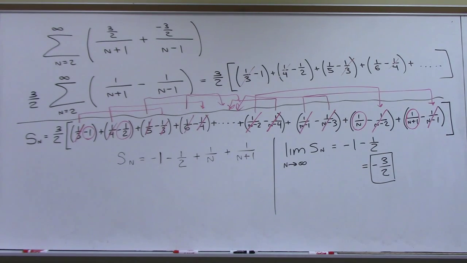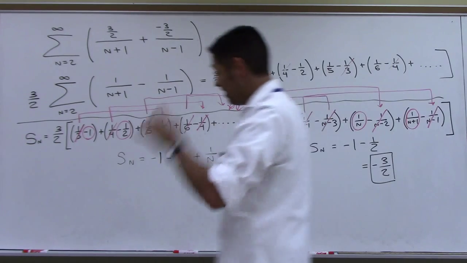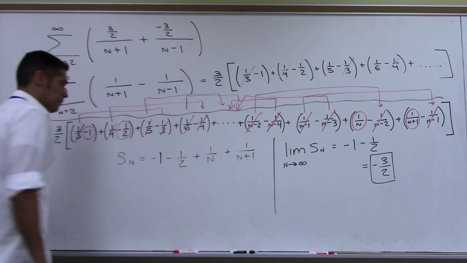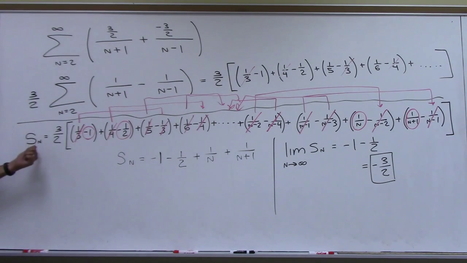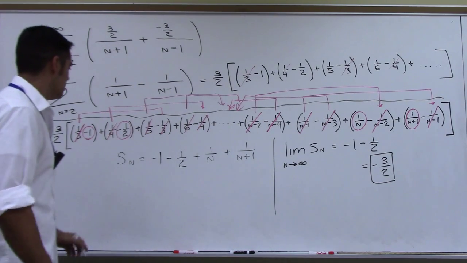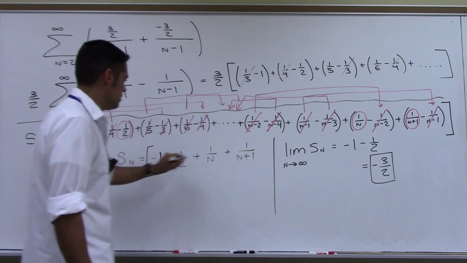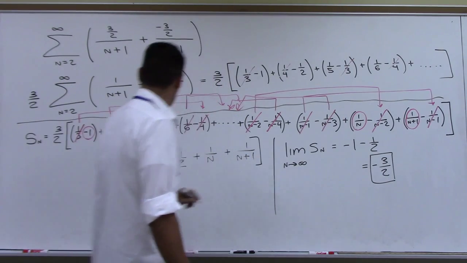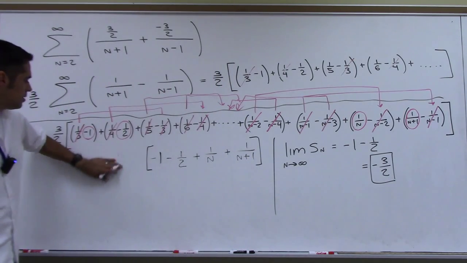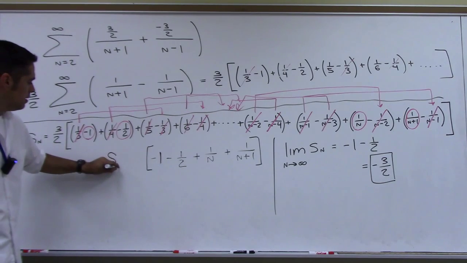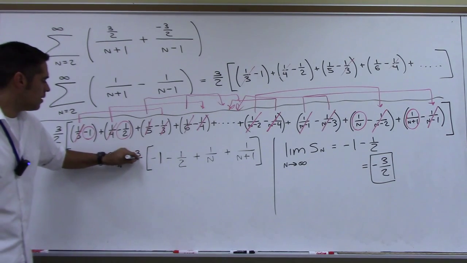All right? Is there a problem? Y'all are all looking at me like I'm crazy. What about the 3 halves? Oh, the 3 halves in front. Yeah, I forgot about it. I'm glad y'all said something because it would have been wrong. I need 3 halves in front of that, right?